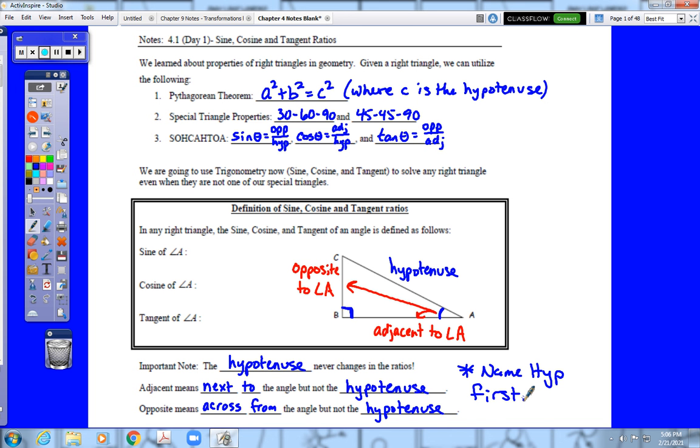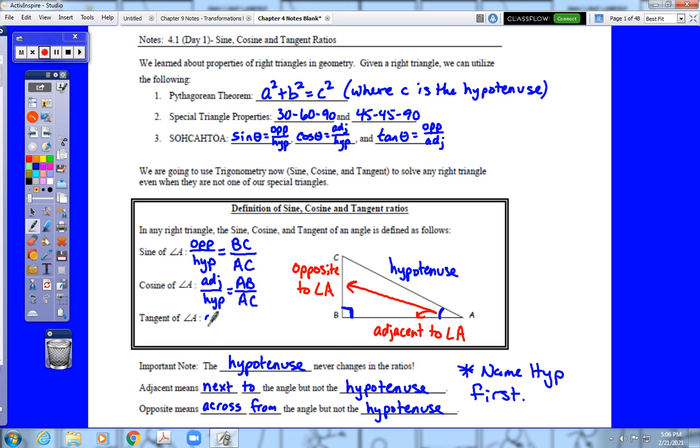Now, the sine of angle A is opposite over hypotenuse. In this case, that would be side BC over side AC. The length of BC over the length of AC. The cosine of angle A is adjacent over hypotenuse. In that case, that would be AB over AC.